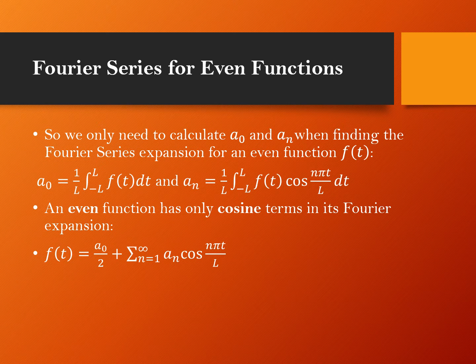If f(t) is an even function, then bn will be 0, and the generalized formula for the Fourier series of the even function f(t) for the interval minus L to L is written in the last line of this PPT, that is f(t) is equal to a0 by 2 plus summation n equals 1 to infinity an cos n pi t upon L, where the generalized values are a0 equal to 1 upon L, integral from minus L to plus L of f(t) dt.